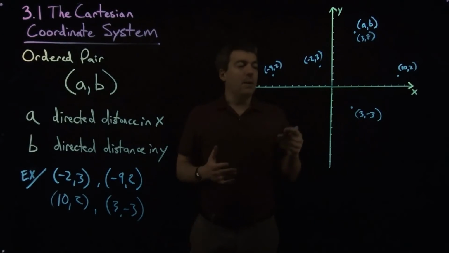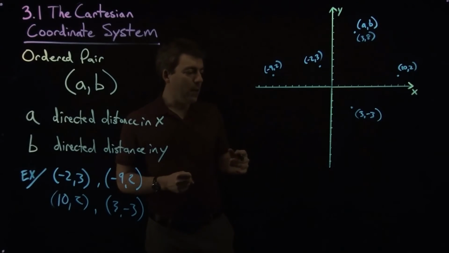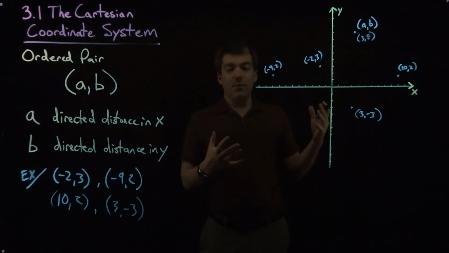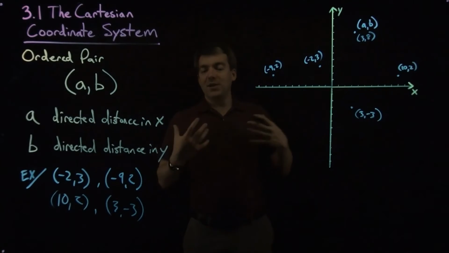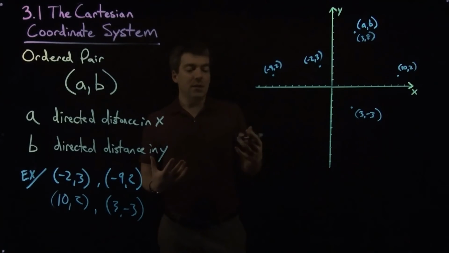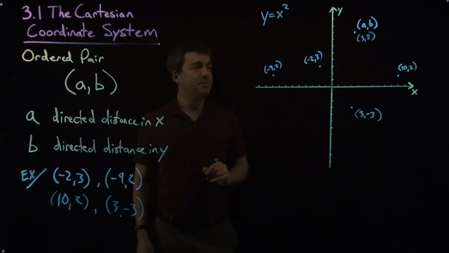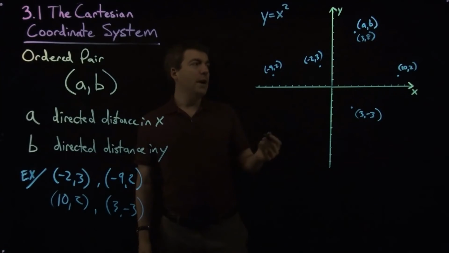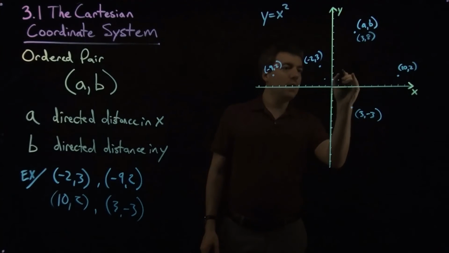Another thing we can talk about is a graph of a function, and you've probably seen them before. Those are collections of points. So a whole collection of points a, b that satisfy the equation or function. So you might see your typical y equals x squared function, and you might see the graph for that. So I can put a few points on here.